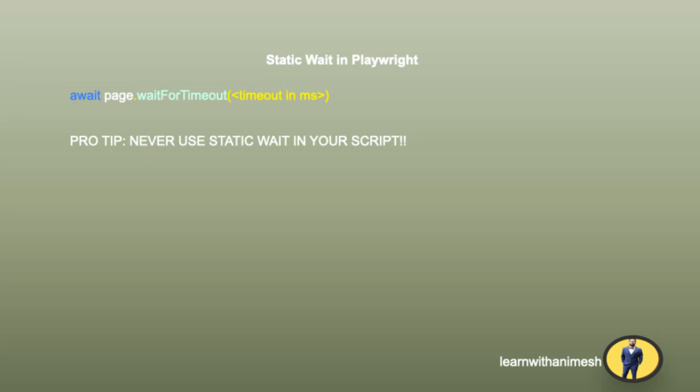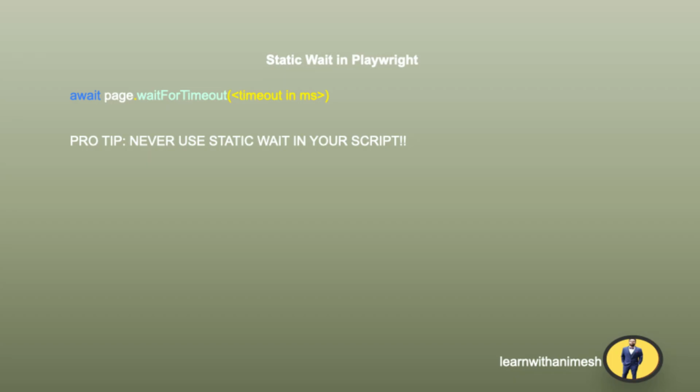Although I am showing this to you, always remember, never use a static wait in your script. This is not recommended. Whatever scenarios you are doing, don't use it, but I am showing you because you need to know what a static wait is.